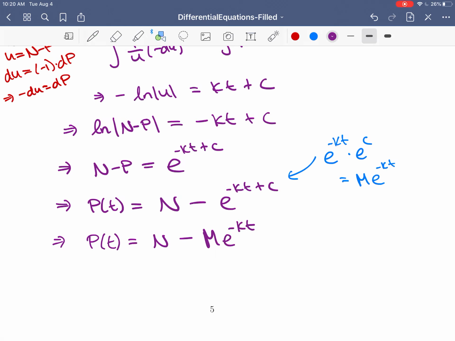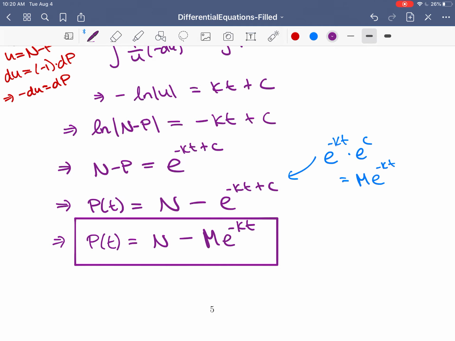So this is what our general form would look like in this case when we have some maximum, which maybe makes sense for more populations because they can't usually grow unbounded. So this might be a better model for some things.